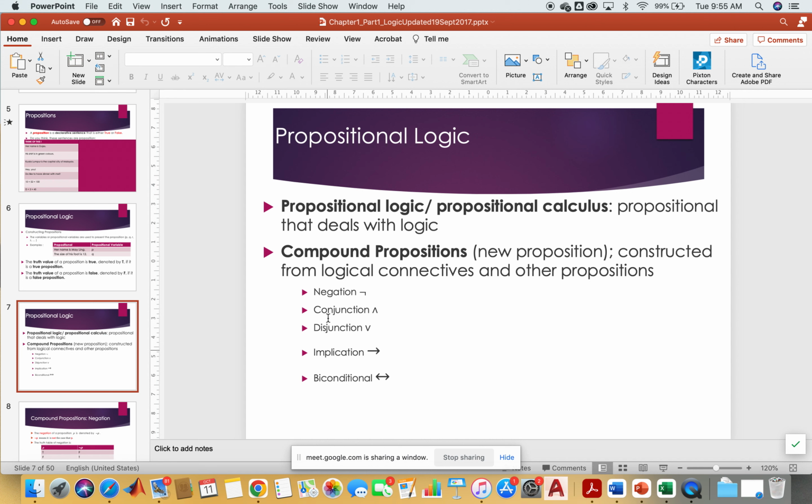Okay, so we have 1, 2, 3, 4, 5. We have 5 logical connectives that we can use to form the compound proposition I mentioned just now. First, negation with this symbol.